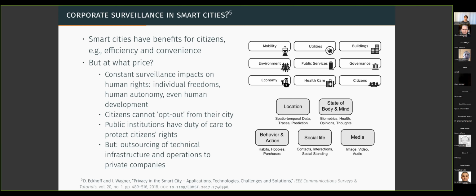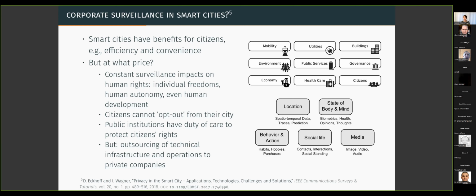And then to complicate that, citizens, they can't really opt out, right? In the web, you could argue, okay, then use an ad blocker, don't go to these websites, maybe leave your phone at home. But in the city, you can't just move away. Most people cannot.